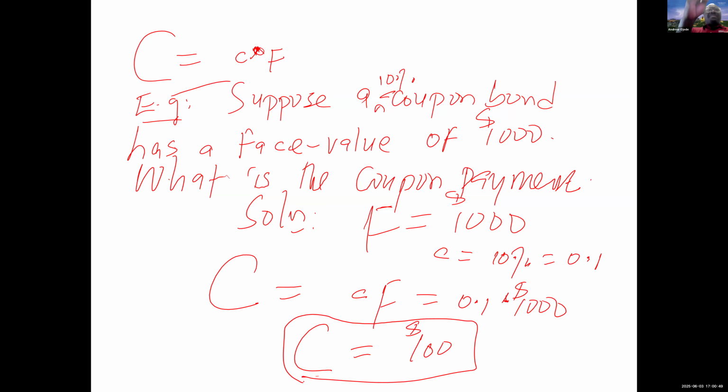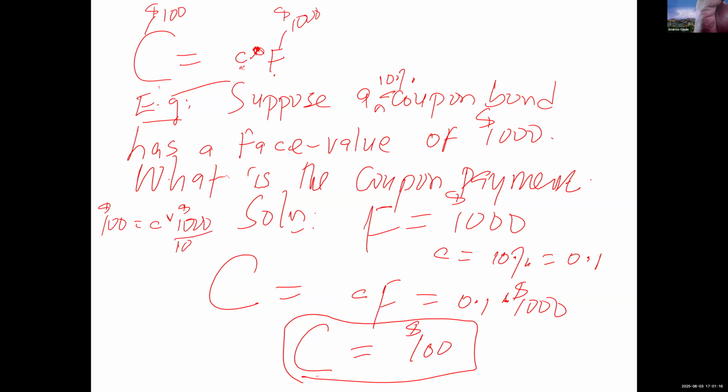Sometimes I may give you the capital C. I might say the coupon payment on a bond is $100 and the face value is $1,000. What is the coupon rate? You just substitute the known values and calculate. $100 on the left equals little c times $1,000 on the right.